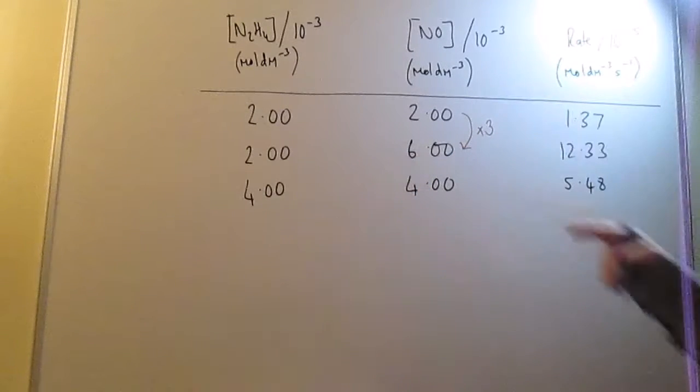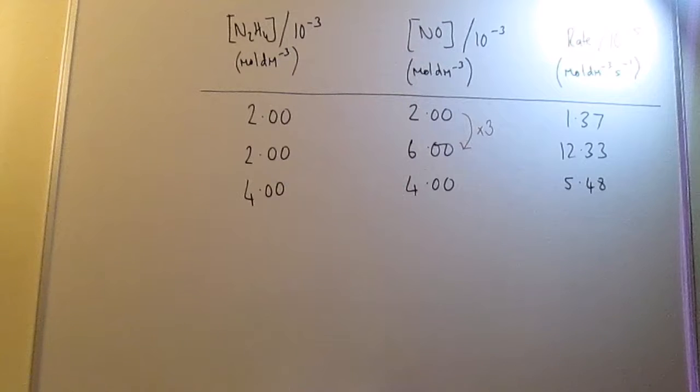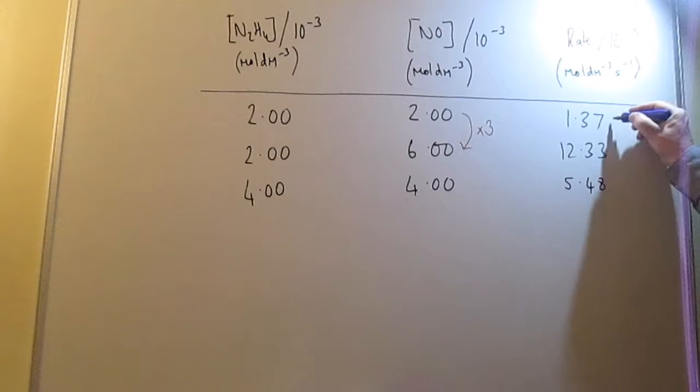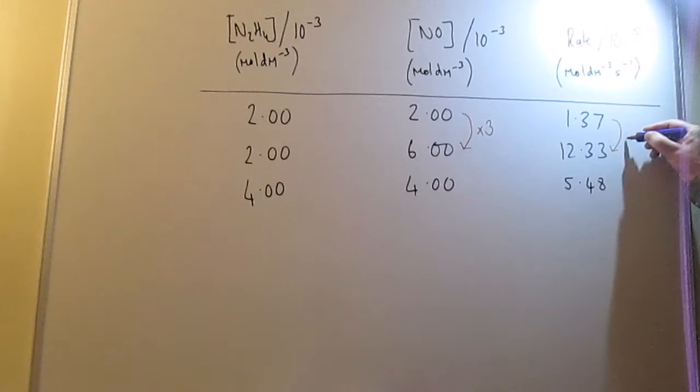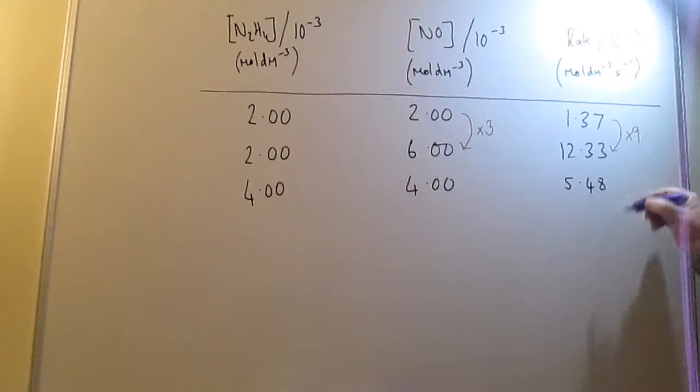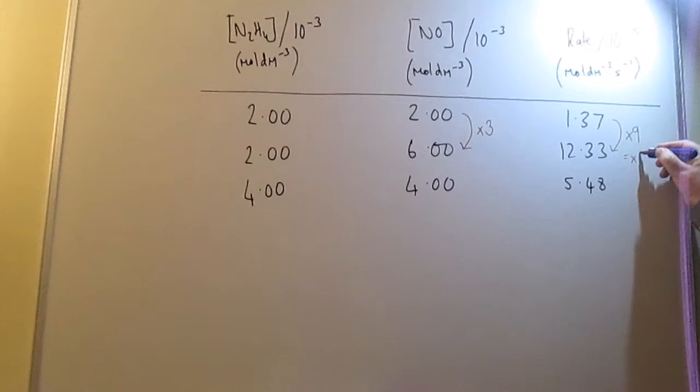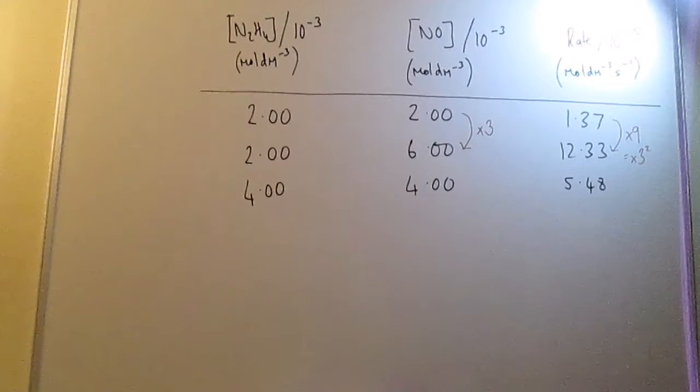Okay, so 3 times increase in the NO concentration, but when we look at the rate change, that wasn't just trebled, that actually went up times 9, which is times 3 squared. And so that tells you that the order of reaction is second order because the rate depends on the square of the concentration. Okay, so we need to write something like that down.